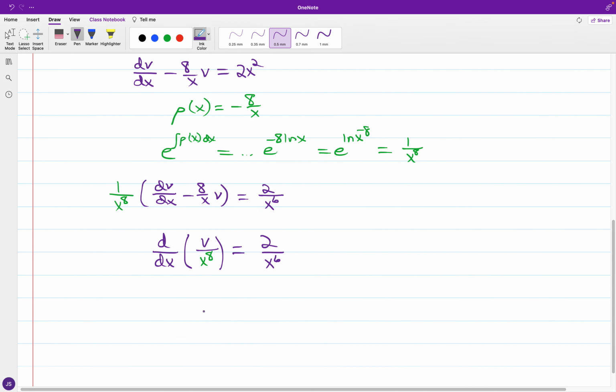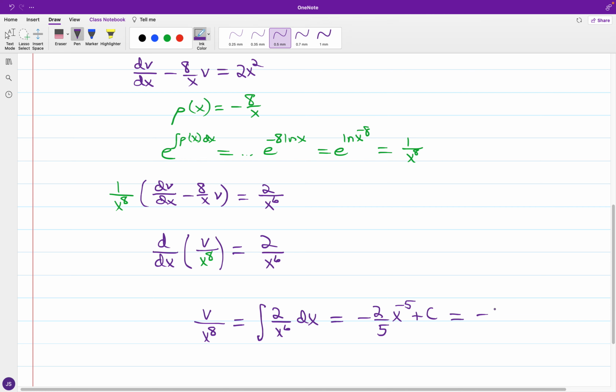And integrating with respect to x on both sides, I have v over x to the 8th is equal to the integral of 2 over x to the 6th dx, and that is going to be equal to negative 2/5 of x to the negative 5 plus c.